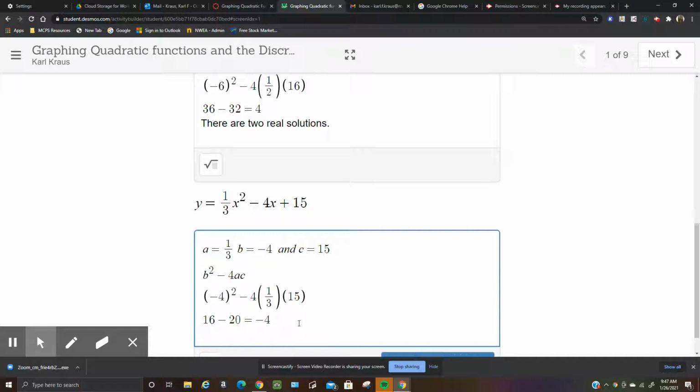The discriminant is negative 4. And the discriminant is negative, so there are no real solutions. There are 2 complex or imaginary solutions when the discriminant is negative.